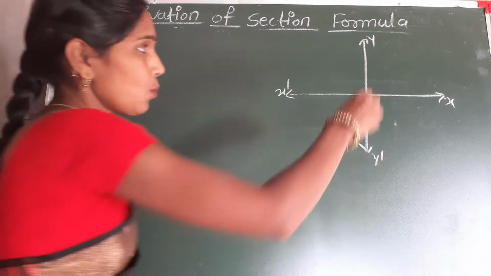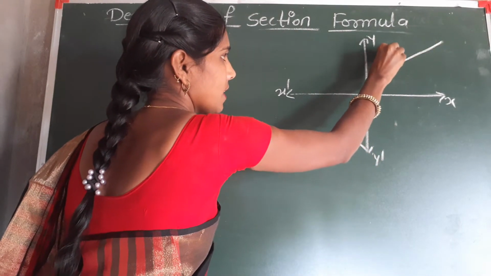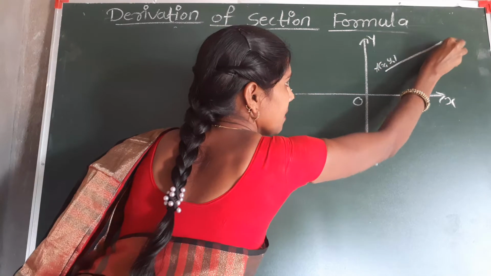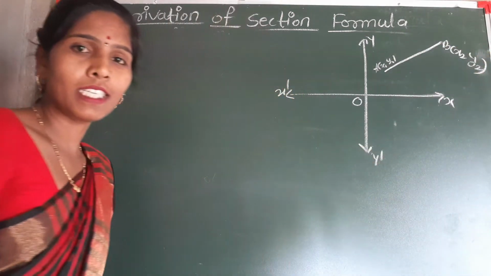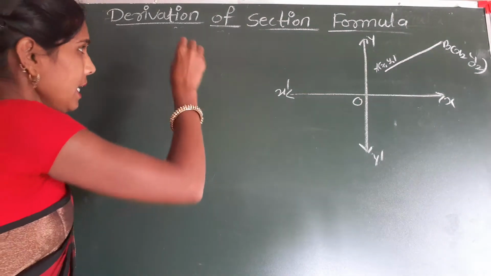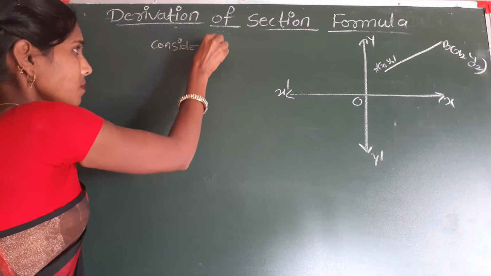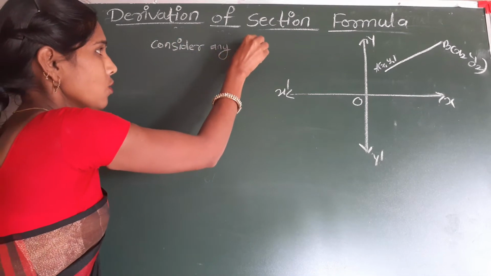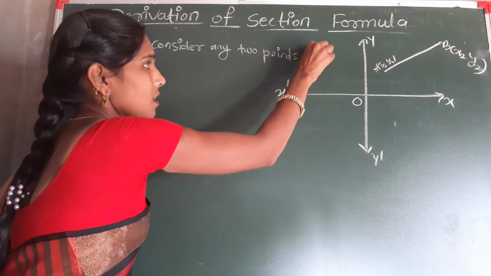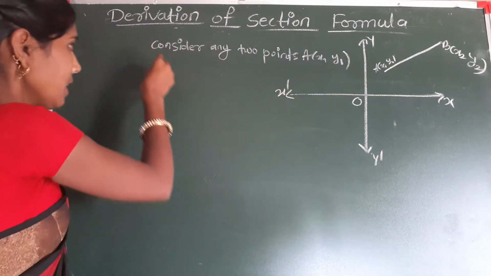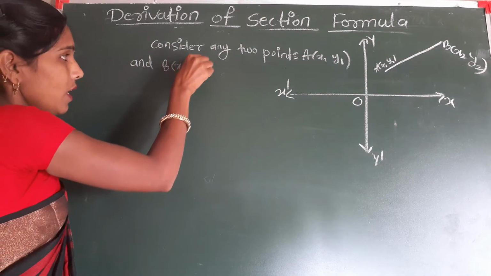Consider any 2 points, A (x1, y1) and B (x2, y2).